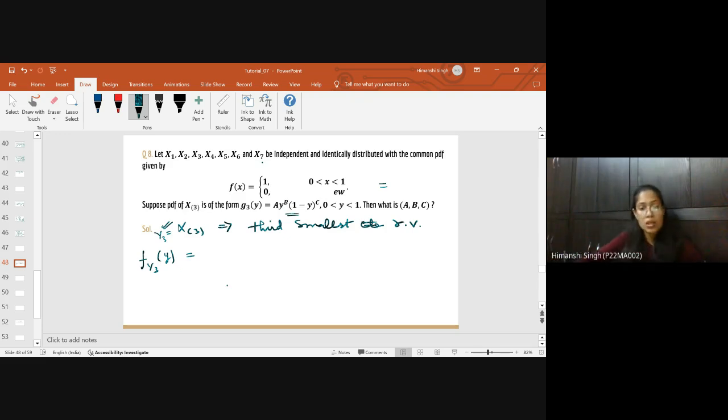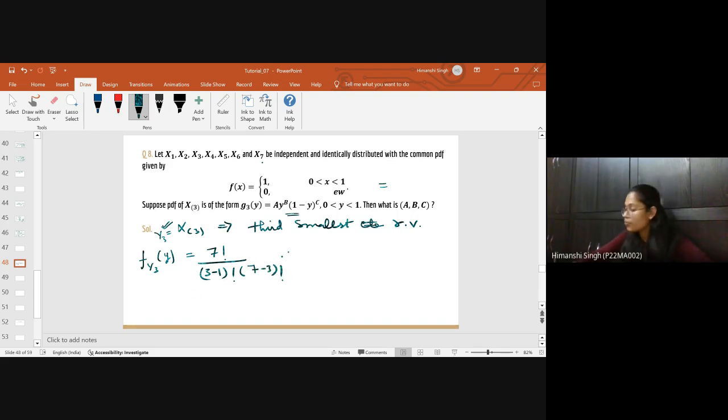So it was n factorial, so 7 factorial divided by r minus 1 factorial, which is 3 minus 1 factorial, into n minus r factorial, which is 7 minus 3 factorial.